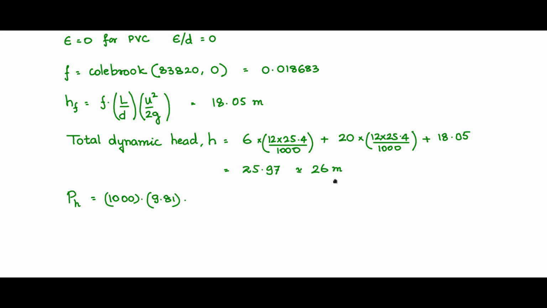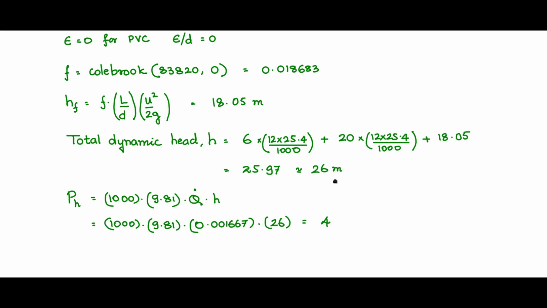So what is the hydraulic power? 1000 into 9.81, rho g Q dot H, watts. So 1000 into 9.81 into Q dot, 0.001667 meter cube per second, all in SI units. H, the total dynamic head, is 26 meter, which we just calculated.